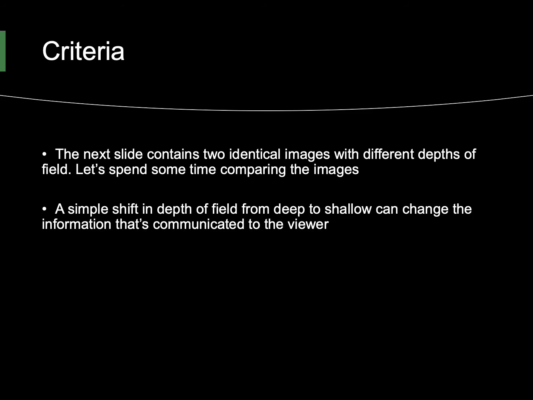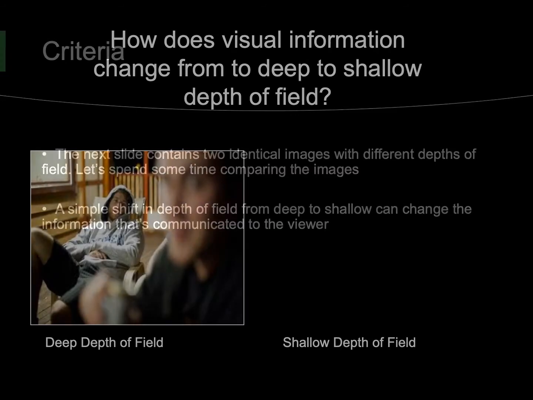The next slides contain 2 identical images with different depths of field. Let's spend some time comparing and contrasting the images. A simple shift in depth of field from deep to shallow can change the information that's communicated to the viewer.